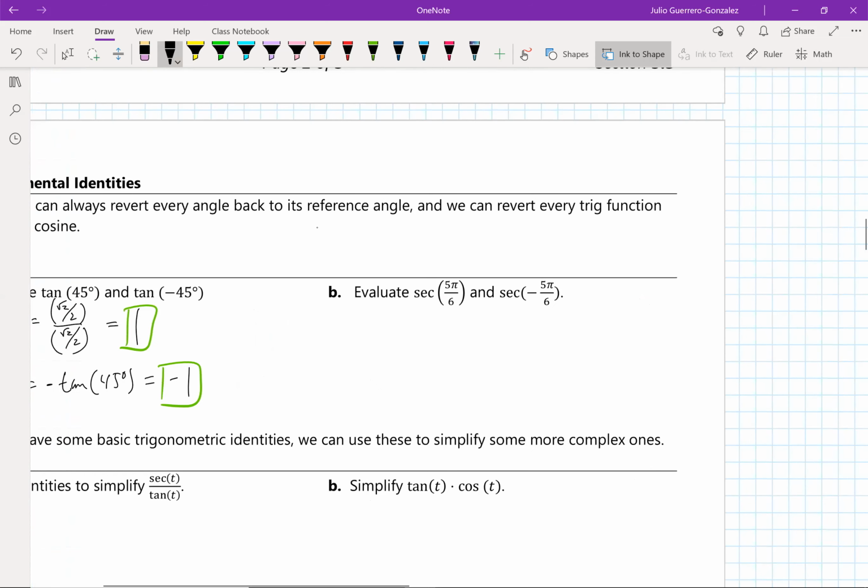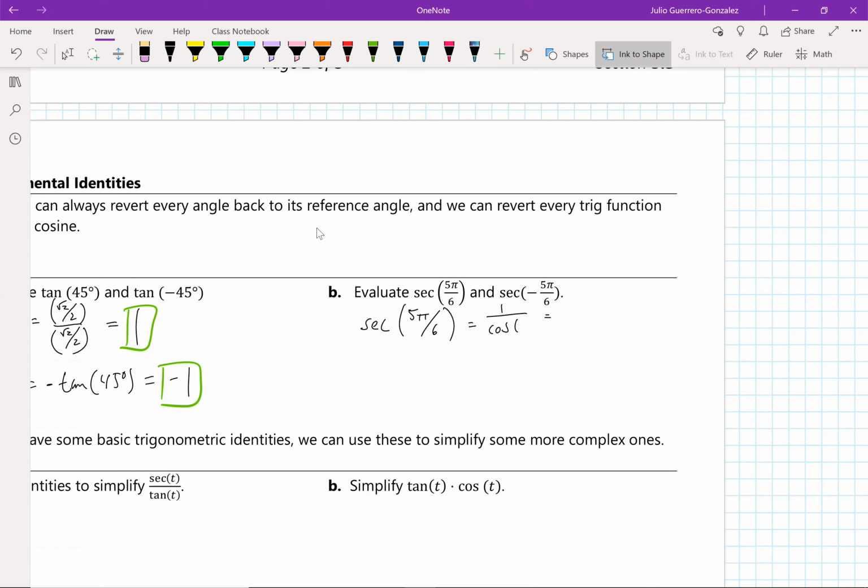Moving on. Secant of 5 pi over 6. Let me actually write those right. Secant is 1 over cosine of theta.